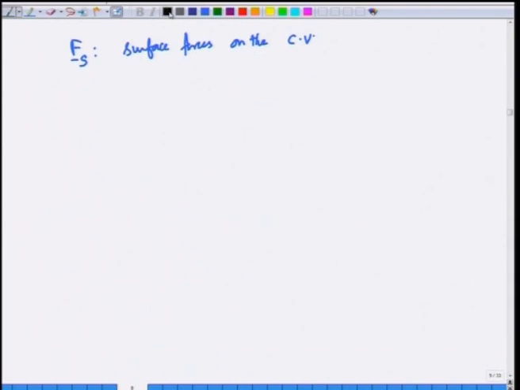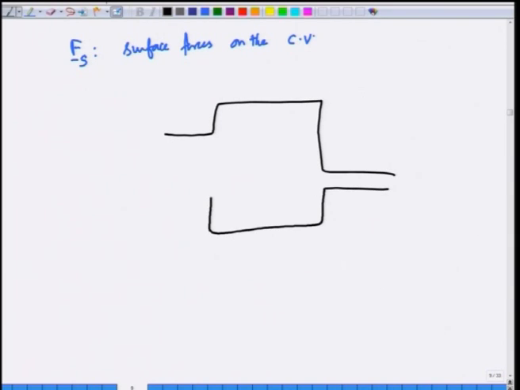Suppose you have a system like this, and this is our CV. The red line is the control surface of the CV. Fluid is entering, let us say, like this and going like this.